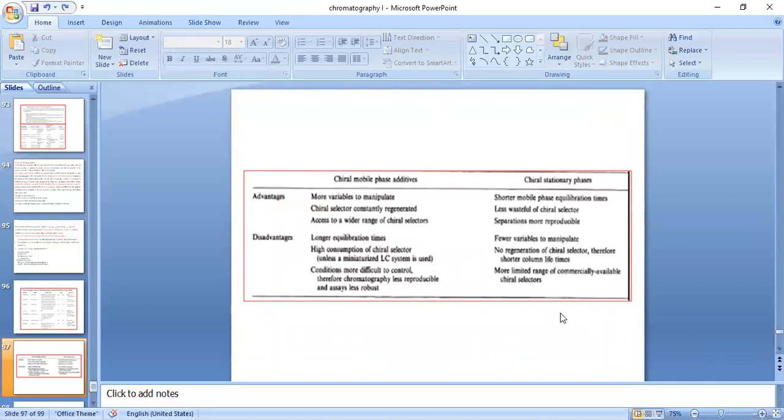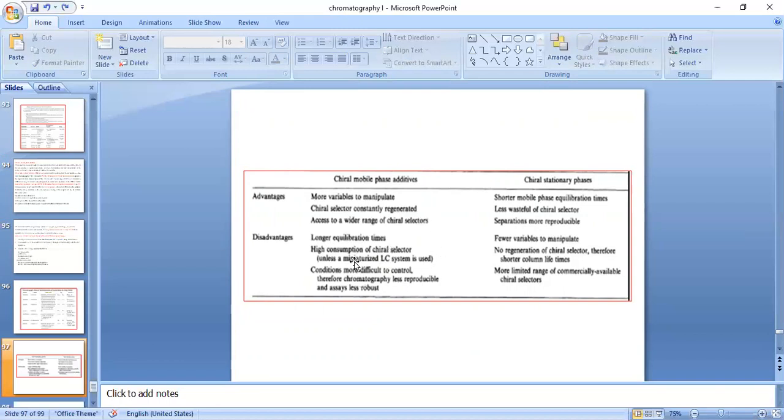Now there are advantages and disadvantages associated with the chiral mobile phase additives and the chiral stationary phase. These are certain disadvantages with that of the chiral mobile phase. Advantages that I have discussed: it is less expensive as compared to the other two techniques, there is a large availability of the reagents, and further, you can tune the concentration of the chiral reagent to bring out the efficient separation.